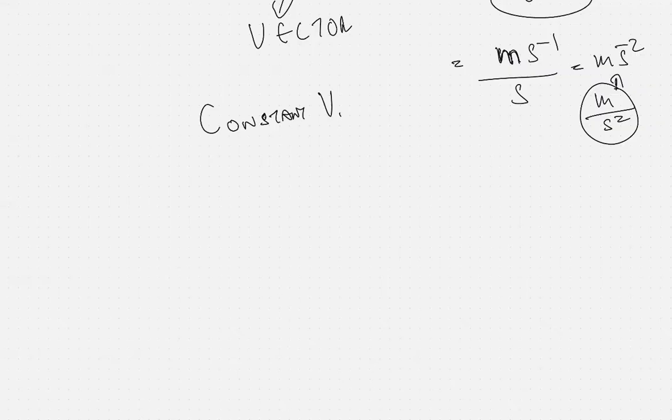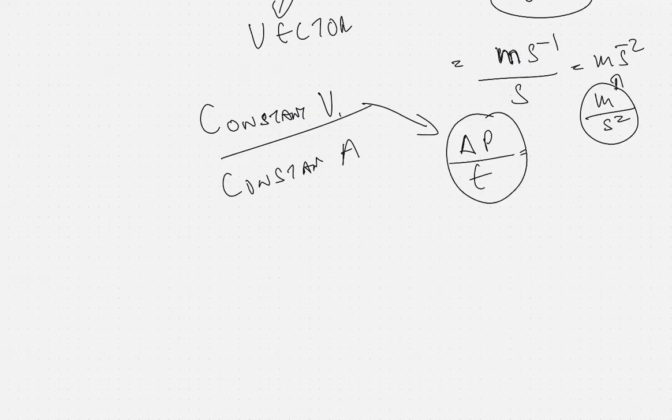Now, constant velocity means the change in position to time is the same always. Then it's constant. So if the position changes by exactly the same amount per time, that means constant velocity.